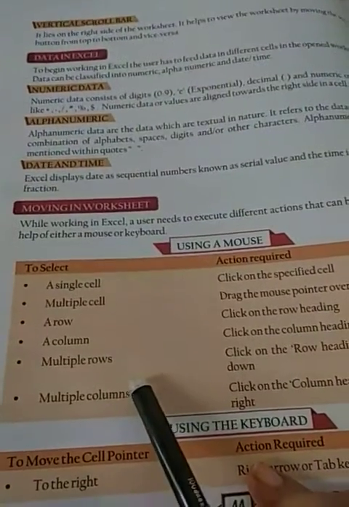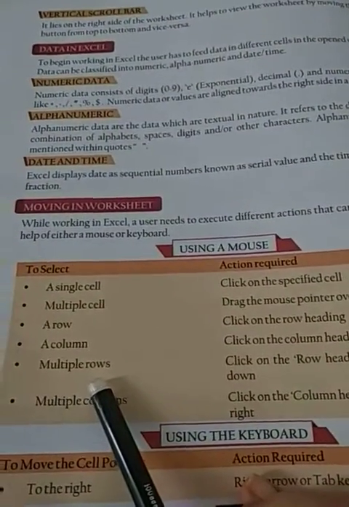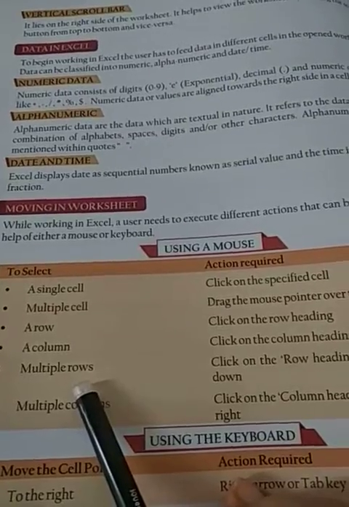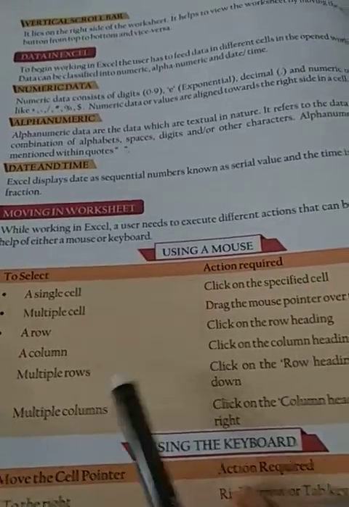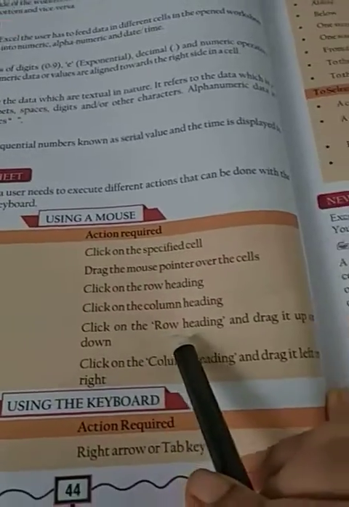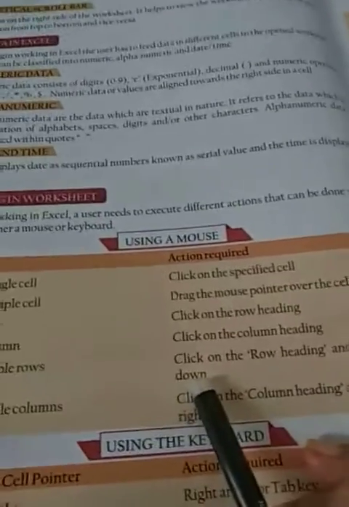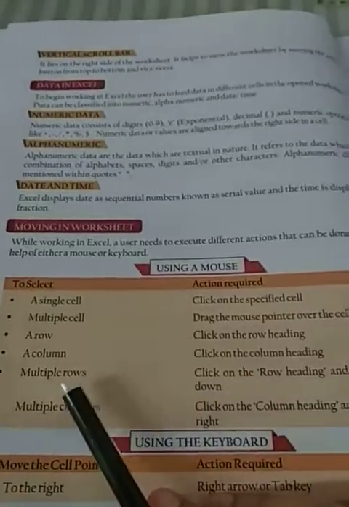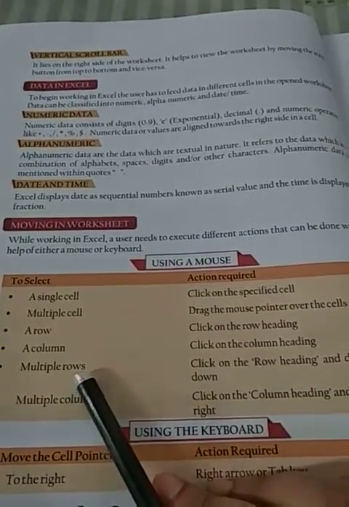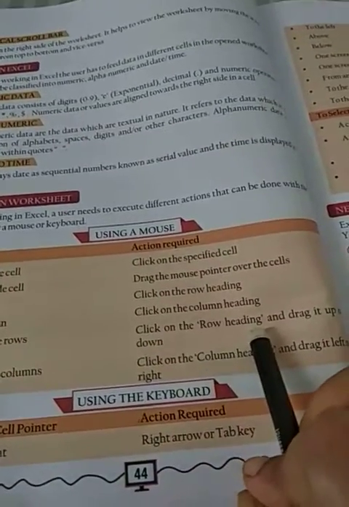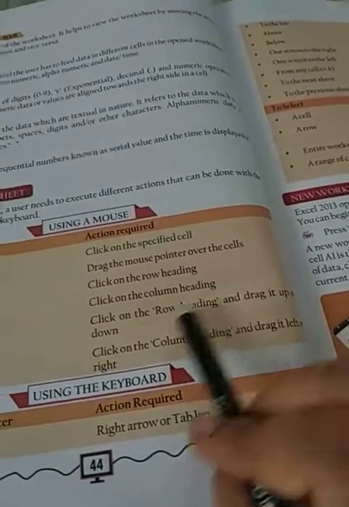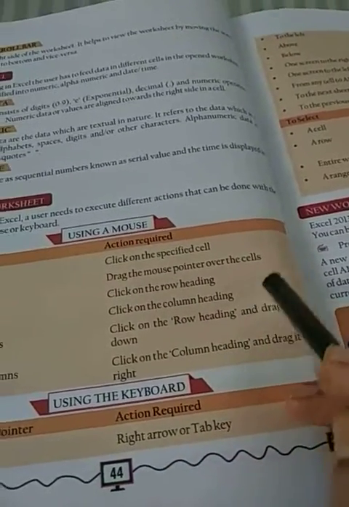If I want to select multiple rows, meaning more than one row, then what we have to do is click on the row heading and drag it up or down, wherever I want.